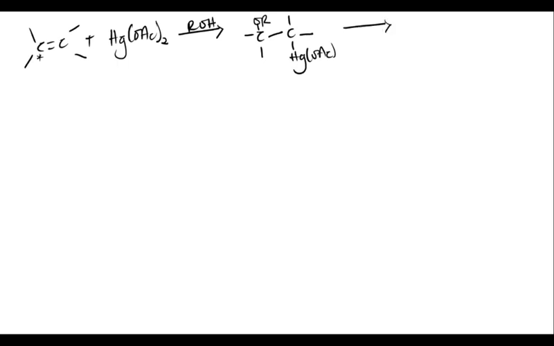We further add sodium borohydride in the presence of a base, and then we get our ether as our product, with the hydrogen over here.